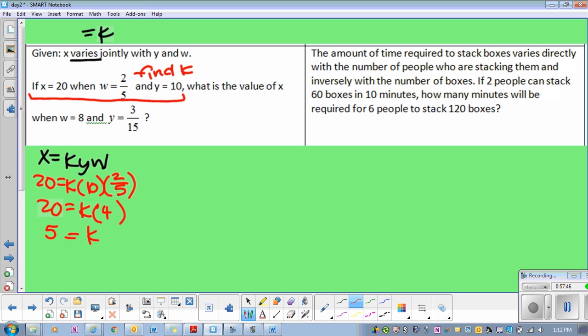Right? And then they said, what is the value of x when w equals 8 and y equals 3/5? Well, now you need to rewrite your variation problem with the k that you found, because that is the link to their relationship.